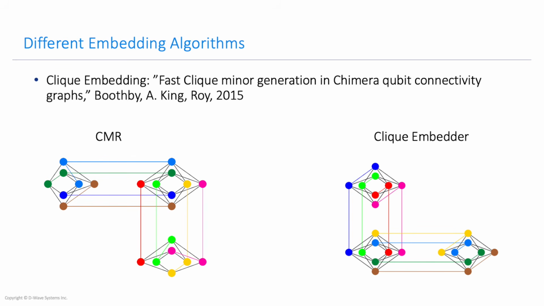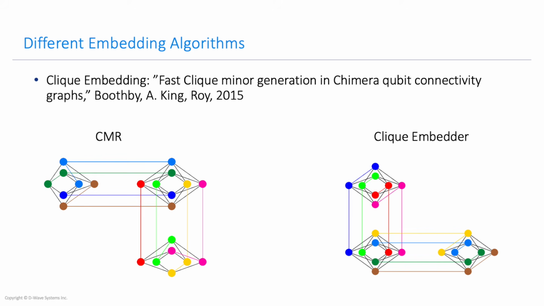Now, recently, in the last few years, the embedding algorithm for cliques has actually been improved. And this is showing some work here by Kelly Boothby and Andrew King and Aidan Roy of DWave. Aidan Roy has left, but the other two are very much part of DWave.